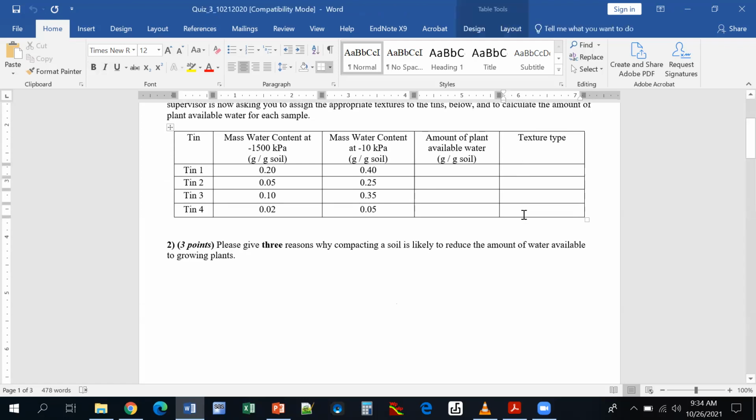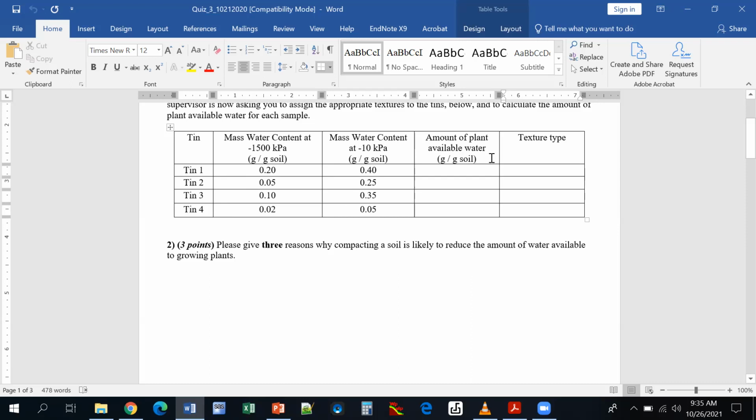So this question here, again, you are working with your hopelessly inept lab partner who seems to always mess up the data sets. And you had a bunch of soil water contents that were measured at 10 kilopascals of pressure and 1500 kilopascals of pressure. And we know that represents, for sandy soils or soils from around here, the water content at field capacity and then also at permanent wilting point.